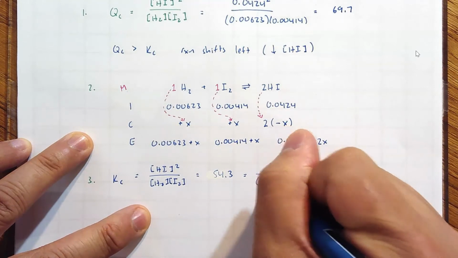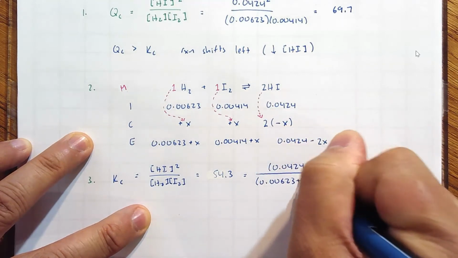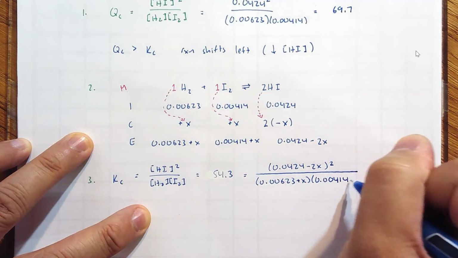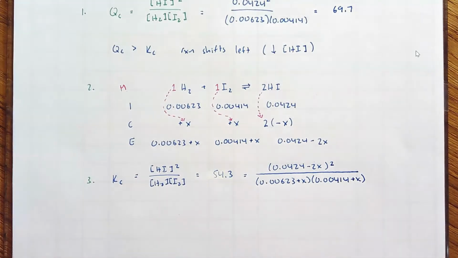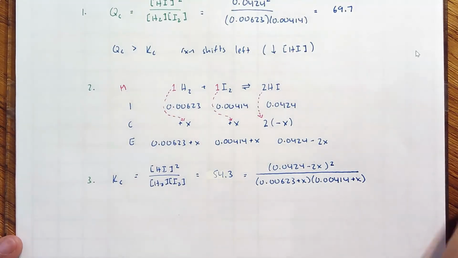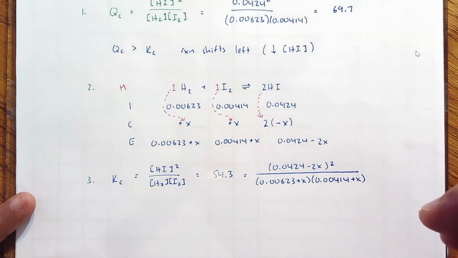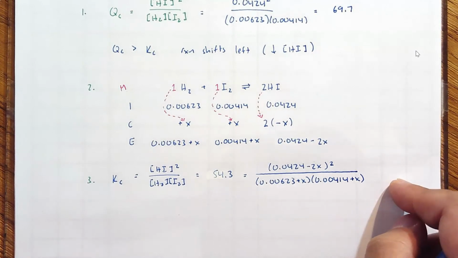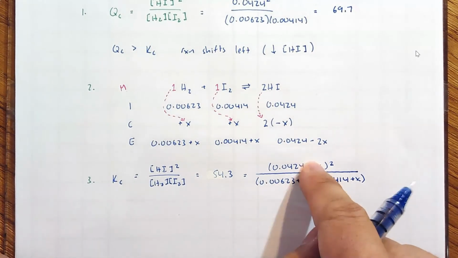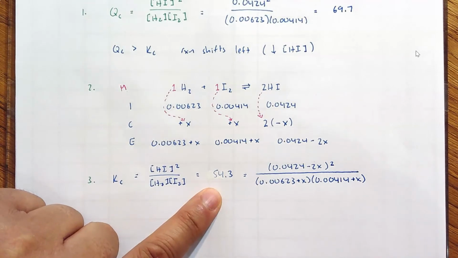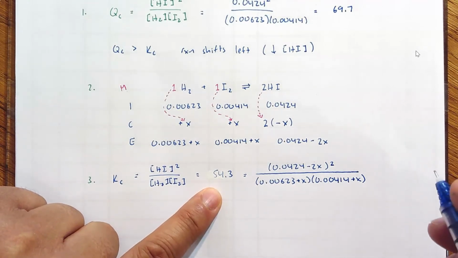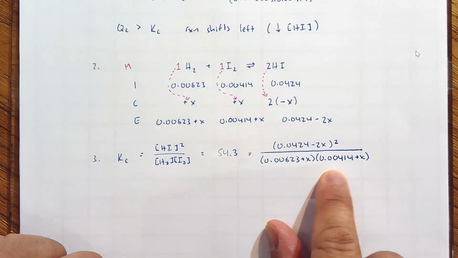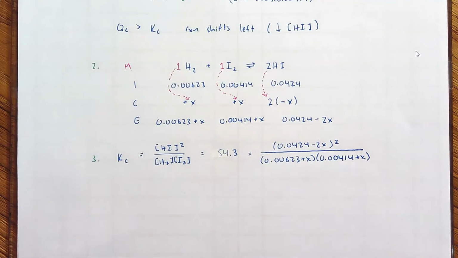H2, 0.00623 plus x times 0.00414 plus x, and in previous examples, I think example 2 and 3, we were able to take the square root of each term, numerator, denominator, and the equilibrium constant. We can't do that here. This denominator is not squared. Okay, so that's a little bit unfortunate.